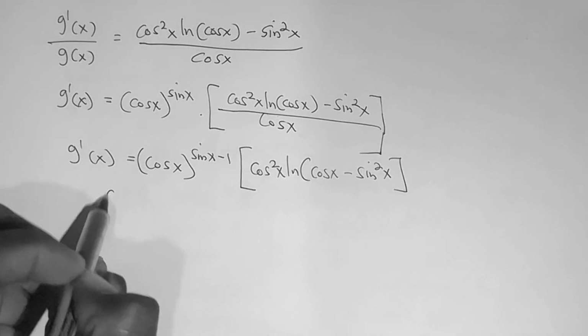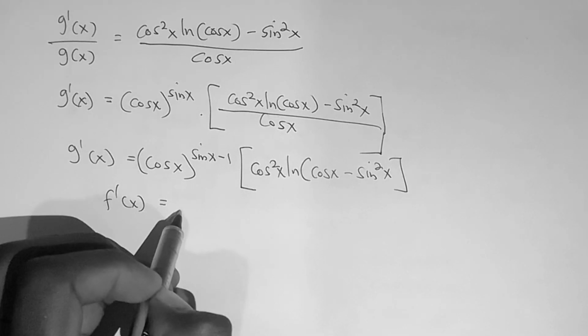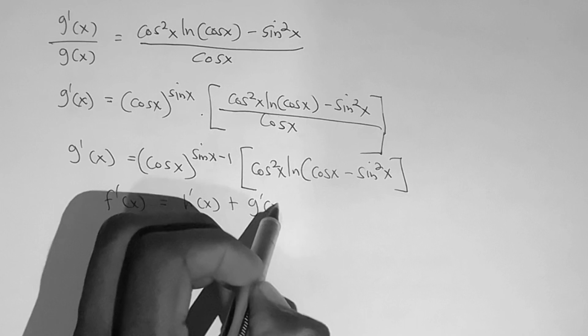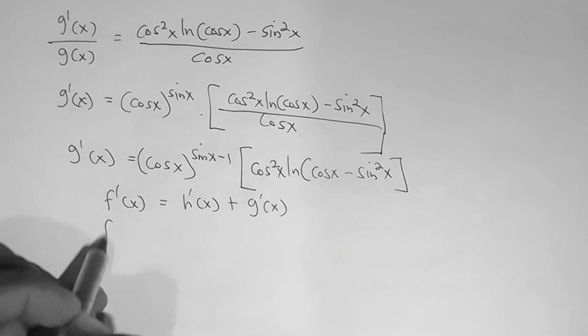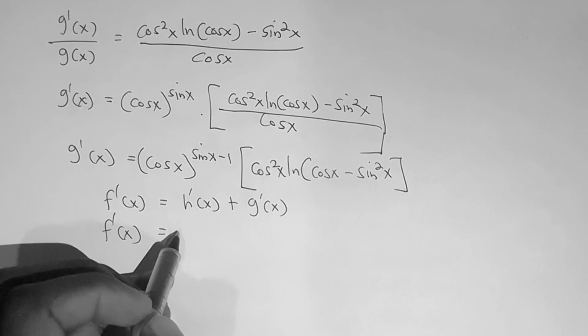Now remember that we said f prime of x is equal to h prime of x plus g prime of x. So now f prime of x is equal to, what is h prime of x?